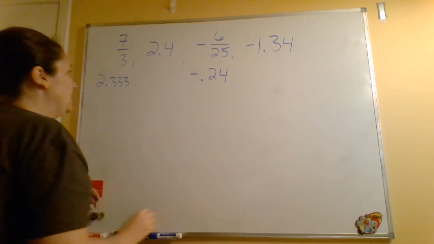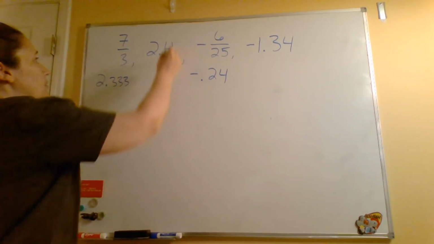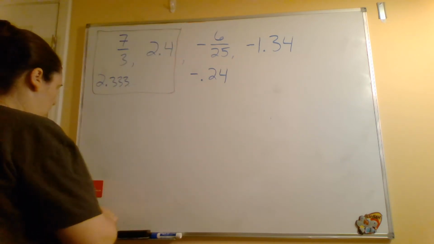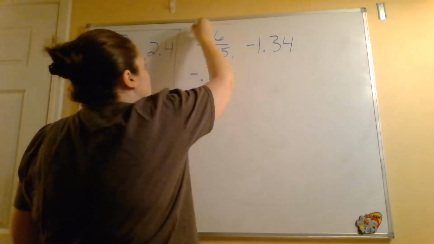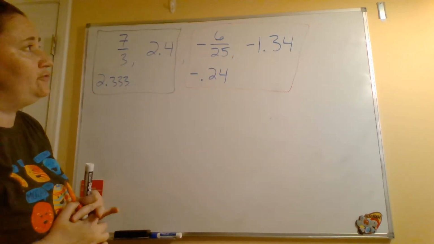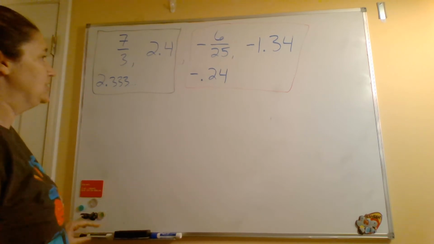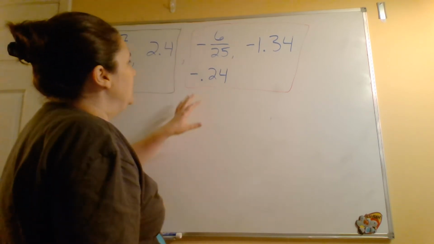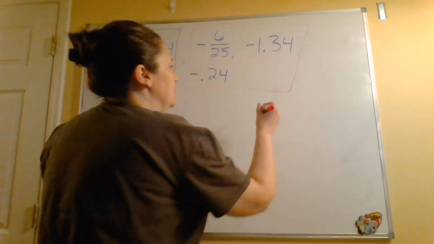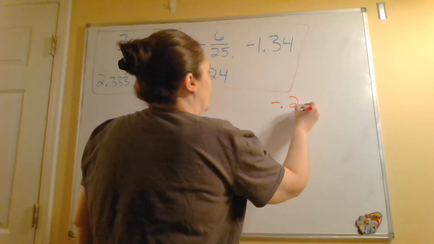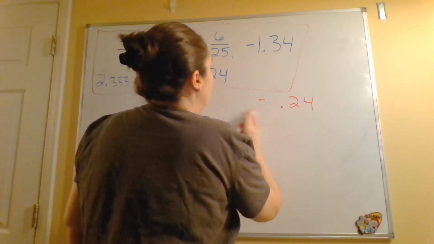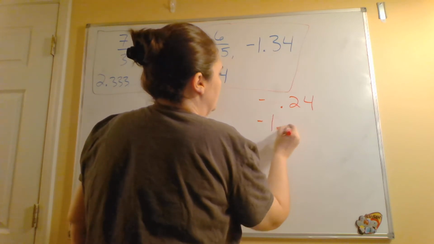Now I have to order these from least to greatest. I noticed that these two numbers are positive, and these numbers are negative. So I'm going to order the negative ones first, because negative numbers are always smaller than positive ones. I need to compare negative 0.24 with negative 1.34.